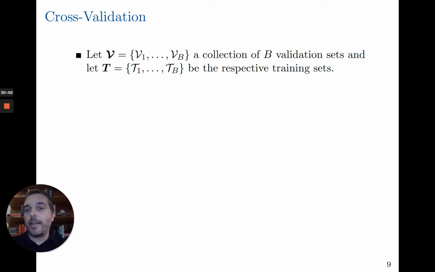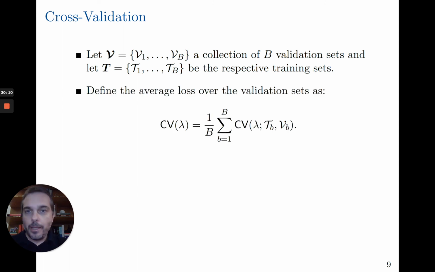And bold calligraphic T will be a collection of B training sets. And what I can do now is average the cross-validation loss over the pairs T_b, V_b, as you can see in the formula on the screen. Okay?